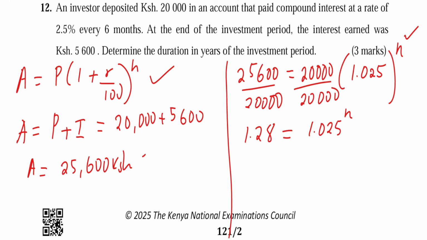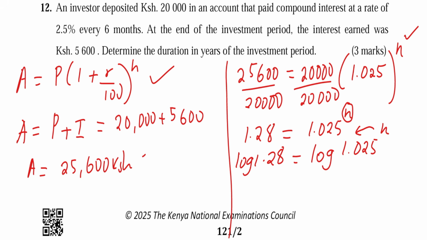Now we need to find n, but the n is in terms of power. So for you to ensure that n doesn't remain a power, you introduce a log. Ukiweka log on the left side, log 1.025 raised to power n, equals log 1.28. Now there's a concept in log that ikiwa uko na power kwa namba, ile power inaenda nyuma.